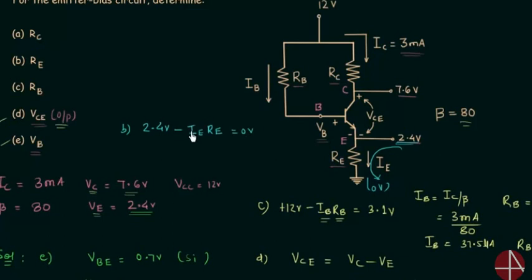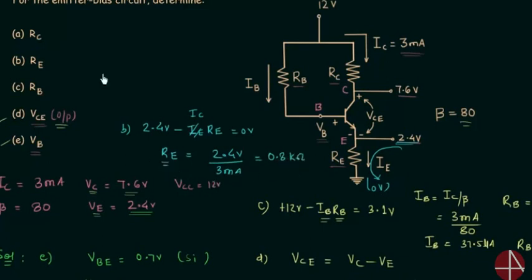Now the emitter current IE is nearly equal to the collector current, so we can replace IE with the collector current IC. So resistance RE is equal to 2.4 volts divided by 3 milliamps. So finally we have 0.8 kilo ohms as the value of resistance RE.